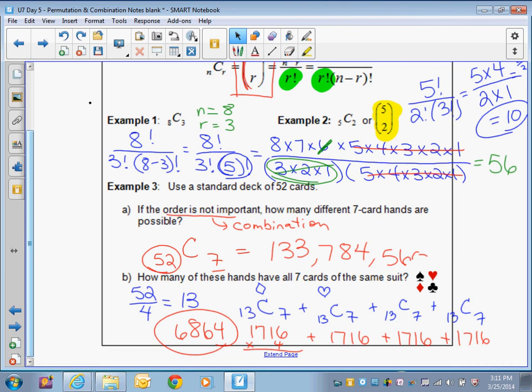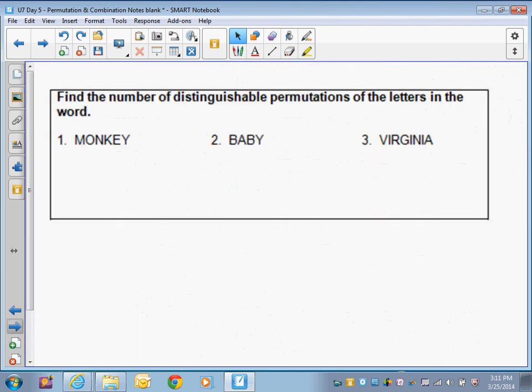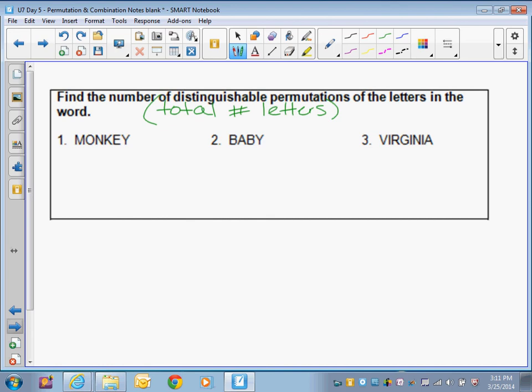We have one more type of problem we're going to look at today. It says, find the number of distinguishable permutations of the letters in the word. To do this, we're going to start with the total number of letters. We're going to count the number of letters up. Take the factorial of that number over the number of repeated letters.